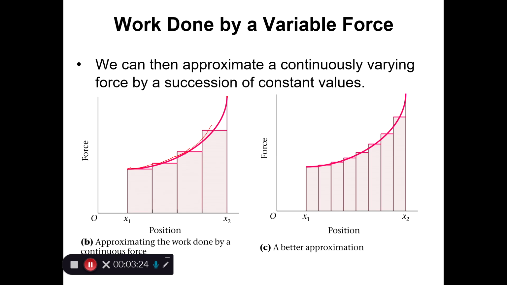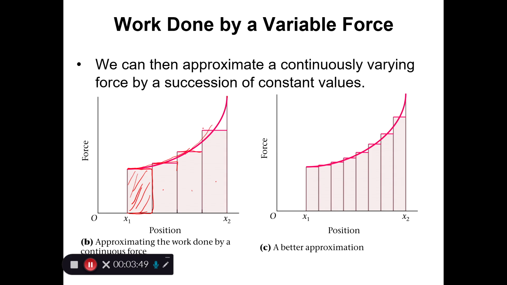You have to choose certain points and make multiple rectangles, find force times displacement in each section, and add them together to calculate the total area under this force curve, and that is the work done.